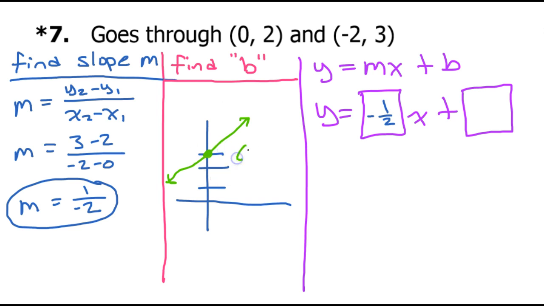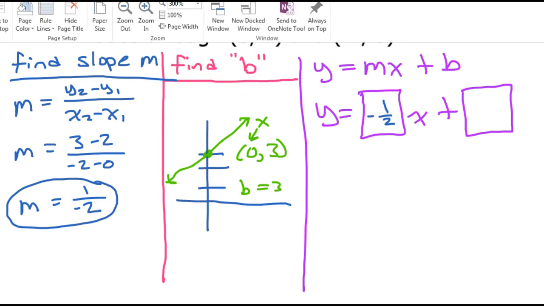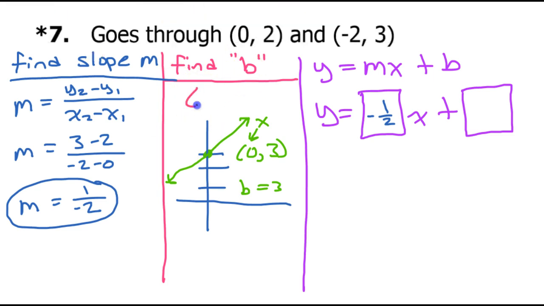That point would be 0, 3. So you can see that it's crossing the line at 3, so that's why my b value is 3. But notice that the x value is 0. That makes sense because we're on the y-axis. So that means that the y-intercept is always going to be at the point 0, comma something, 0, comma b.